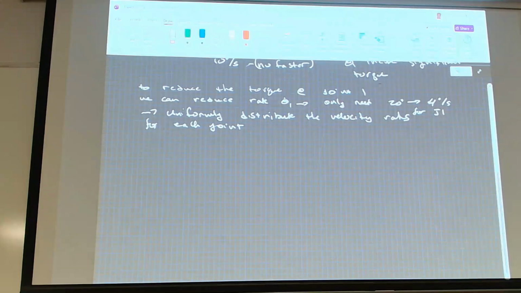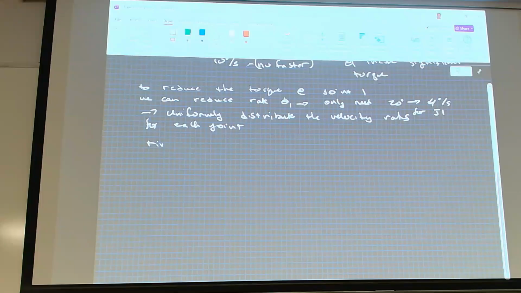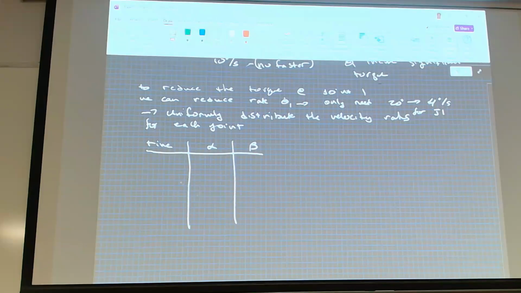So if we do that, then we're going to have time, alpha and beta: 0, 1, 2, 3, 4, 5. 20 degrees and 30 degrees.